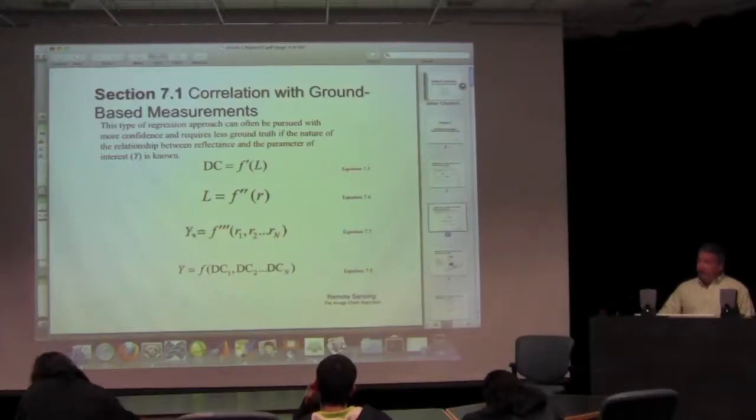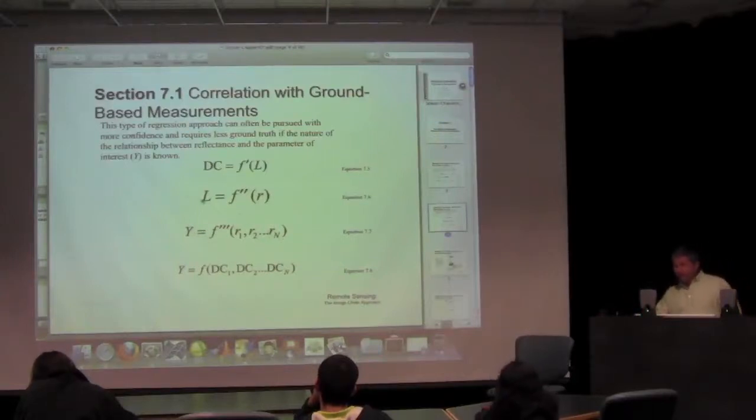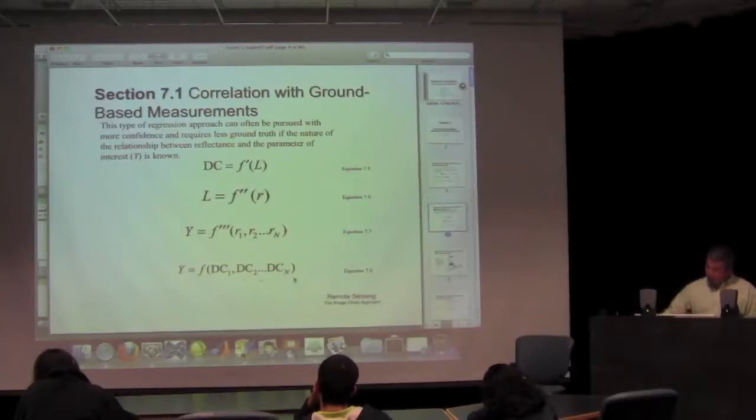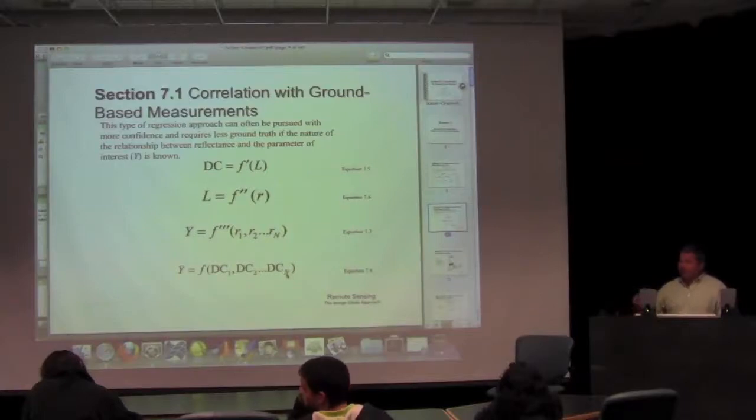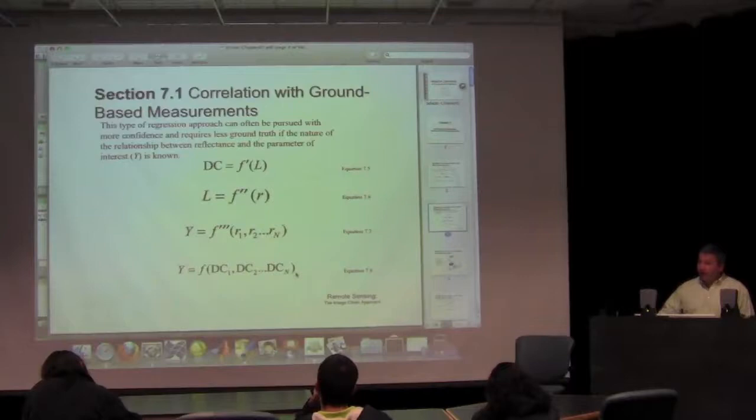The observed parameter, biomass, chlorophyll content, you name it, is some function of reflectance. Right? Same as radiance. All right? So hopefully we could get through all this and still come up with this relationship, but have it be based upon more fundamental physical principles, namely the parameters that are there in the energy propagation equation.